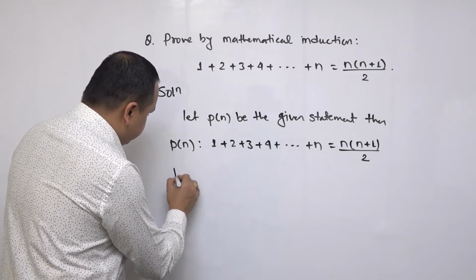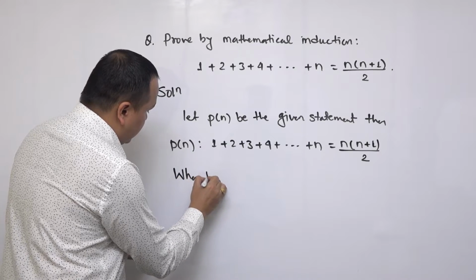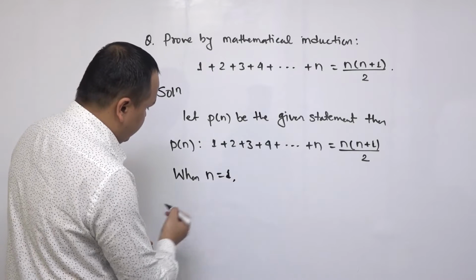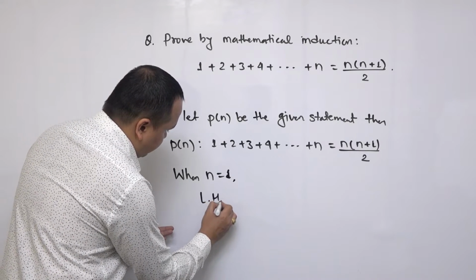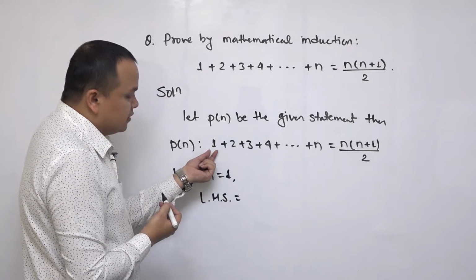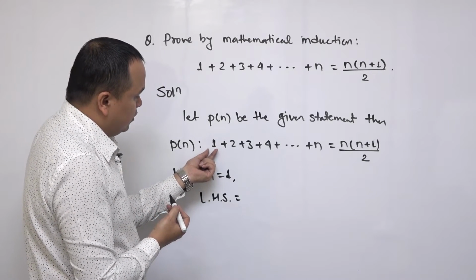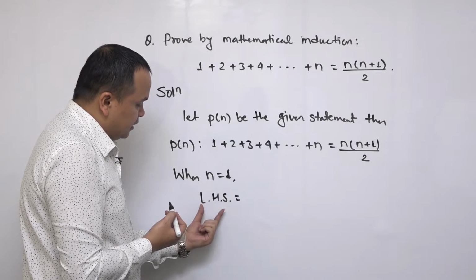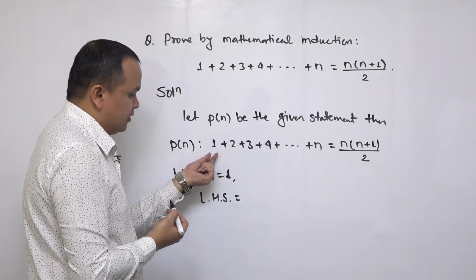When n is equal to 1, the left hand side, we take t1 from 1 plus 2 plus 3 plus 4 plus dot dot plus n. Left hand side we take t1, which is 1.